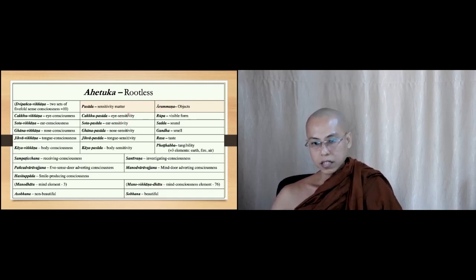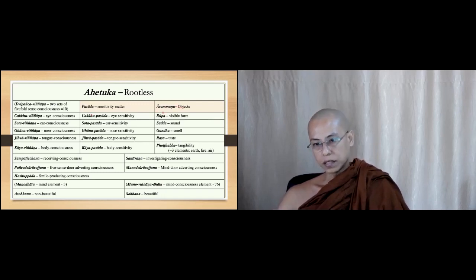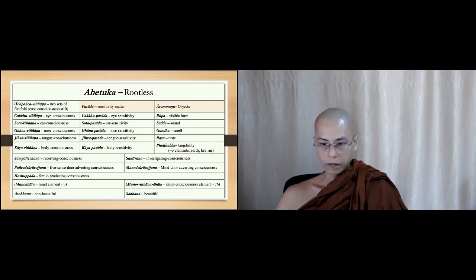This sensitivity, pasada, is the clear sense, so it can catch the object. That's why it comes together with the object. Arammana is the word for object. So rupa, visible form; sadda, sound; gandha, smell; rasa, taste; and photthabba, tangibility, which is composed of the three elements of earth, fire, and air.